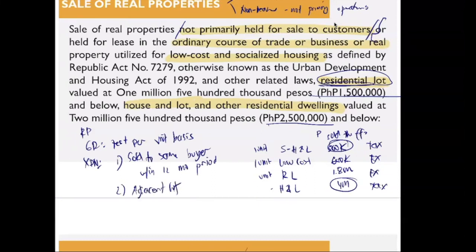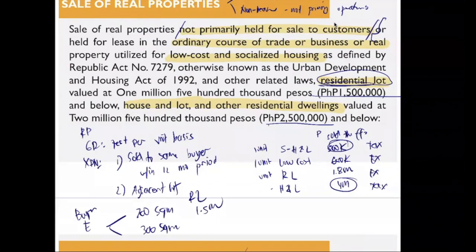So for example, we have here a buyer E. We sold 200 square meters and then 300 square meters to that same buyer. So this is considered as a residential lot. So I sold 200 square meters residential lot for, let's say, 1.5 million pesos.